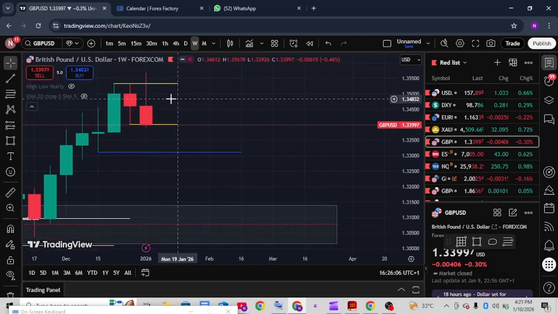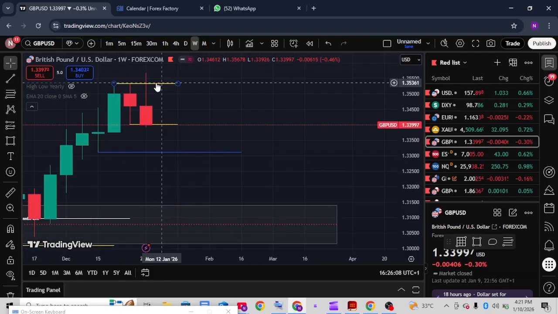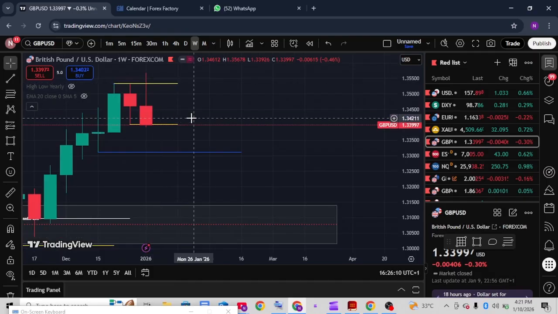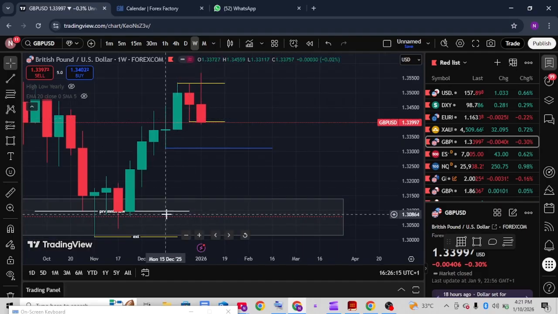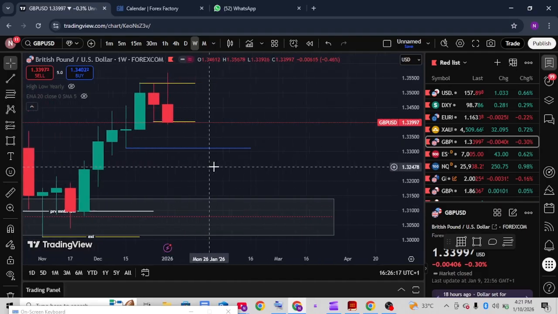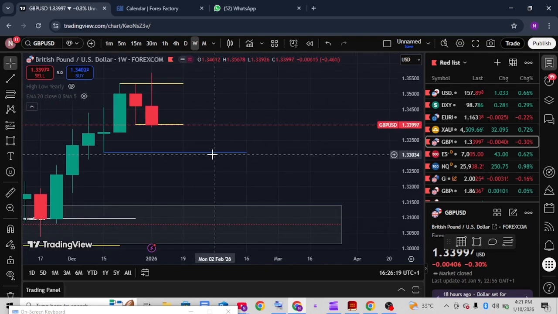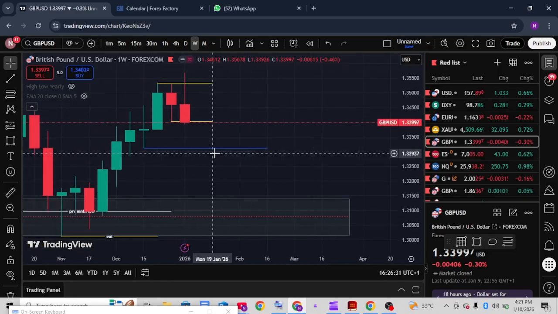Please, my yellow lines are for weekly highs and lows. The red is for daily high and low. The white is for a monthly high or low. While the blue is to mark out targets, session high or low, change state of delivery, just like that, so I don't get to confuse myself with same line colors. So I just change the line. I'm used to it already.